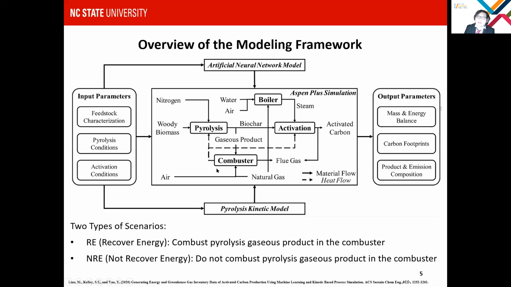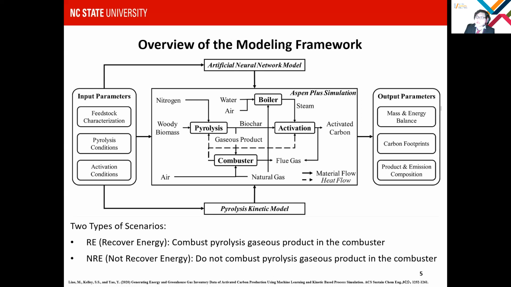And here is the overall framework for the steam activated carbon production. At first we pyrolyze the woody biomass to produce the biochar and the gaseous products. The biochar is then activated by the steam from the boiler to get the final activated carbon and the flue gas.